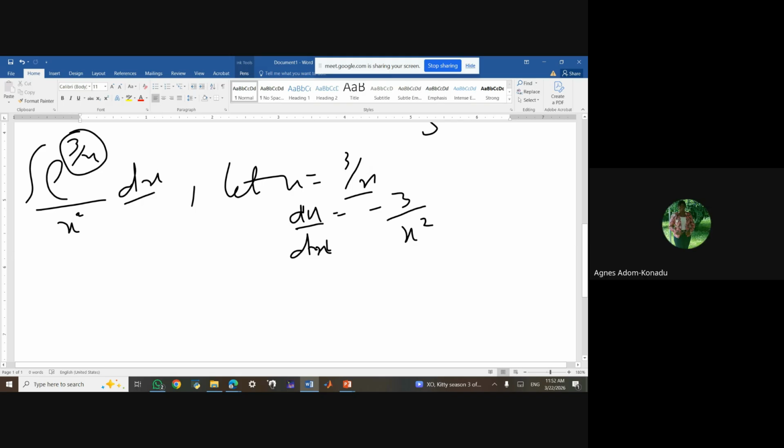You get minus 3 over x squared. Okay. So what will be the u? My dx, make dx the subject. So my dx will be equal to what?